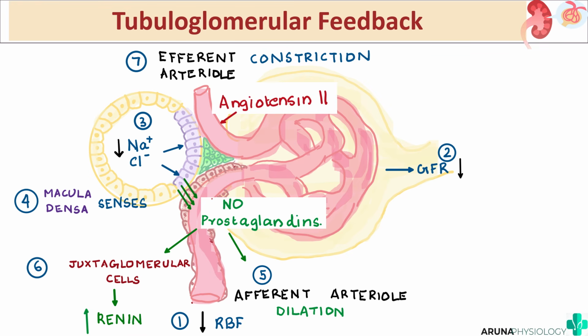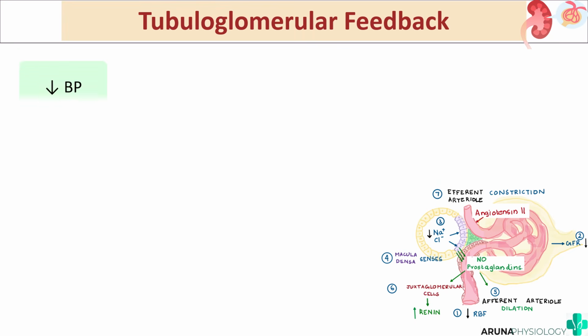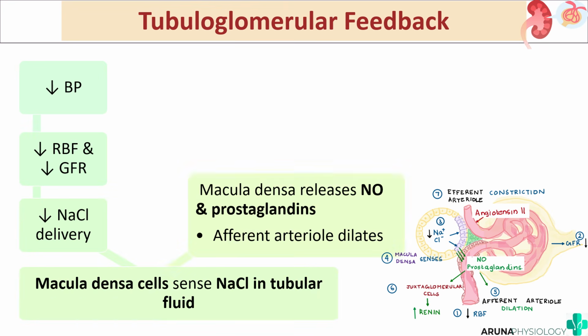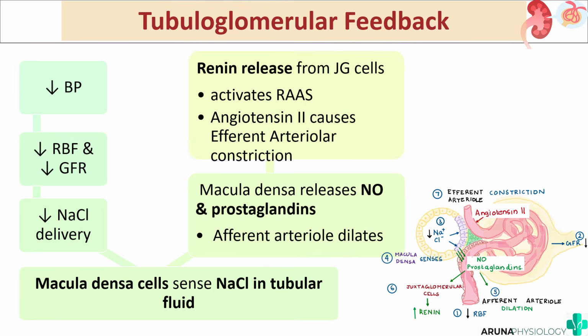So this mechanism helps in increasing the GFR in case the BP falls. So if the BP is decreased, it is going to decrease the RBF and GFR. There will be decreased sodium chloride delivery, which will be sensed by the macula densa. It will release nitric oxide and prostaglandins, which in turn will activate the release of renin.